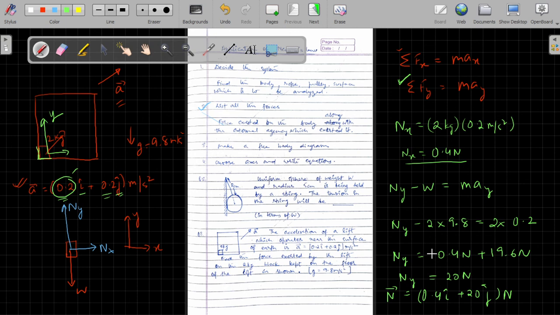Second, list all the forces when there are a lot of forces acting on the system. Third, make a free body diagram, that is, isolate the body from all the environmental quantities in its vicinity. And fourth, choose an axis and write the equations. The equations always remain the same, but the only thing which changes is the choice of axis.